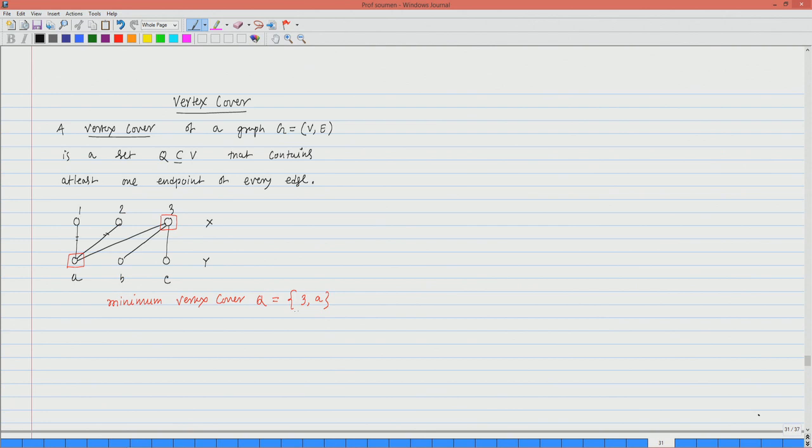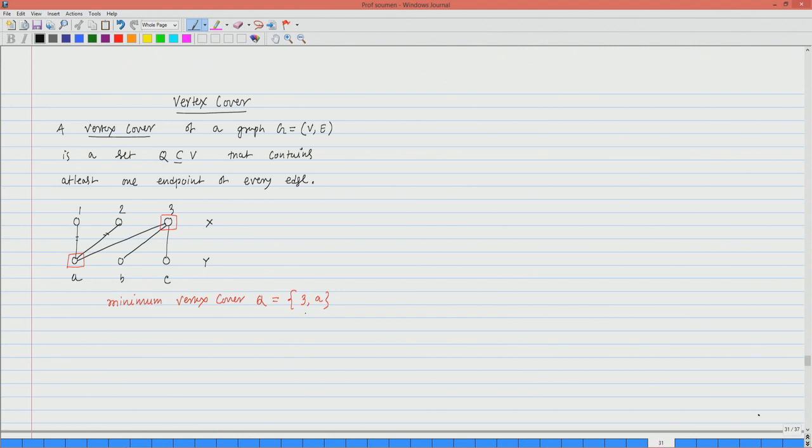So, this is a vertex cover and this is a minimum vertex cover. Of course, if I include more vertices here, say if I also include 2, then also it is a vertex cover, but it is not difficult to see that this Q, which consists of vertex 3 and A, is the minimum vertex cover.